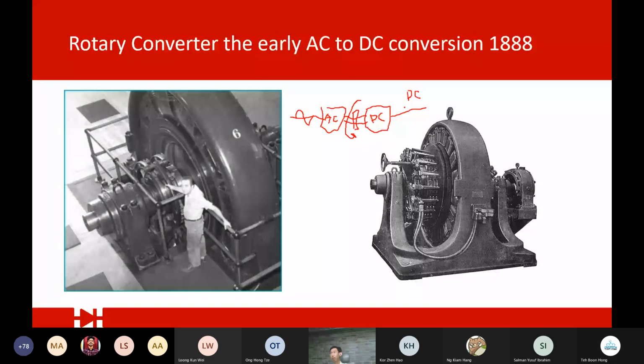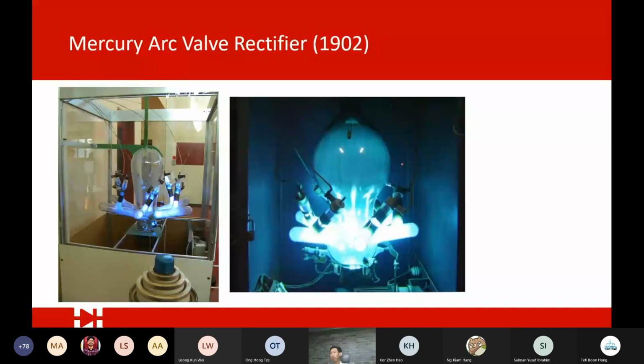So the losses are high. In order to solve that, they needed to find ways. The next one would be using a rectifier. The problem is that they again did not have a semiconductor diode.